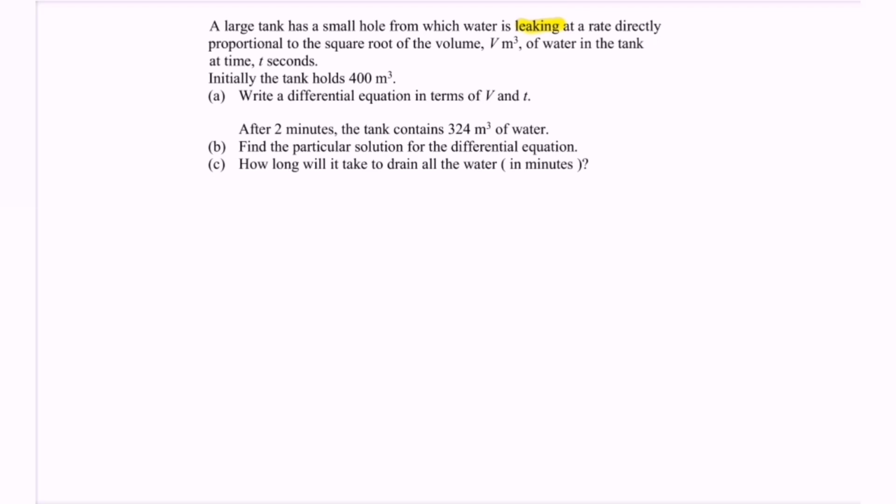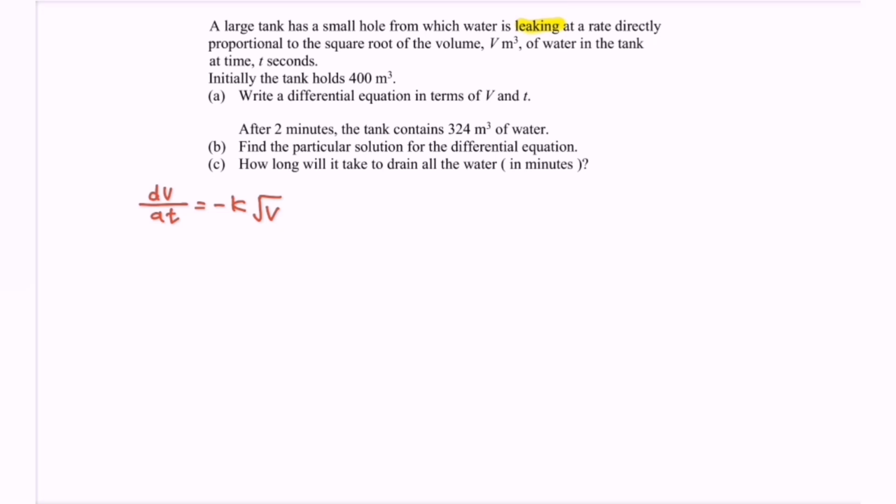So from here, part A, write a differential equation in terms of V and t. For this case, we have dV/dt is equal to negative k multiplied with the square root of V, which is the volume. So that is the differential equation.